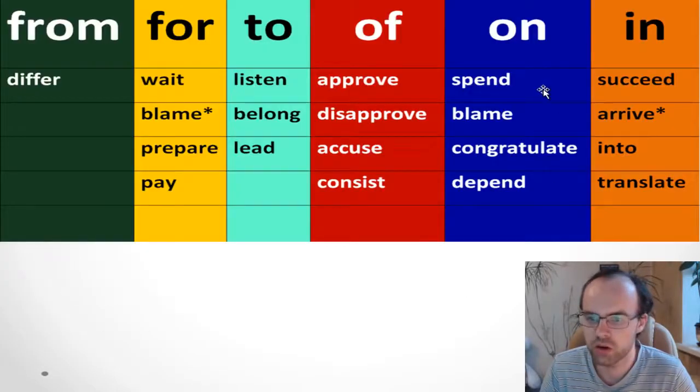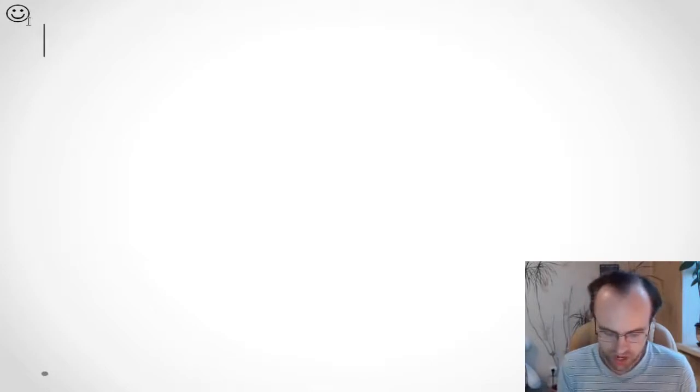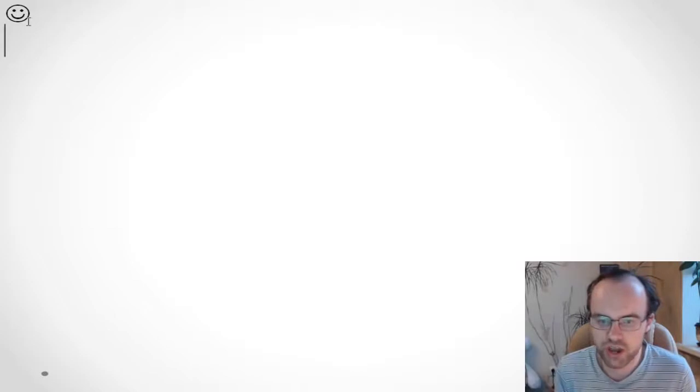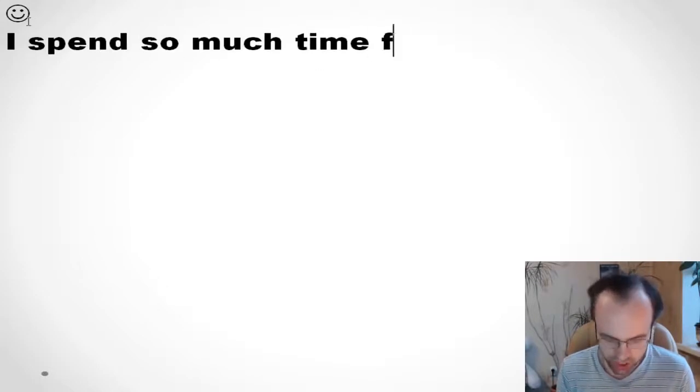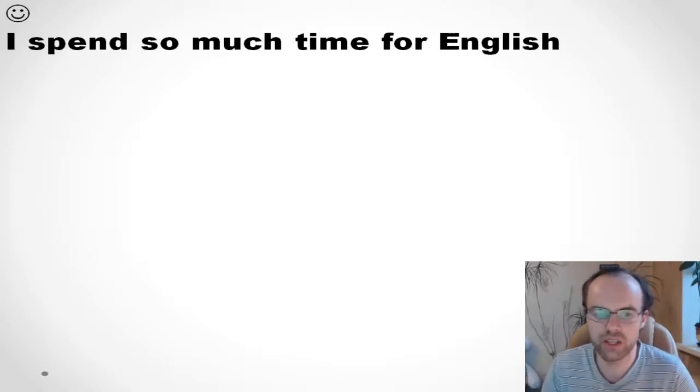A few words about spend on. Students often use this verb incorrectly. I often hear this: I spent so much time for English, or I spent so much money for English.